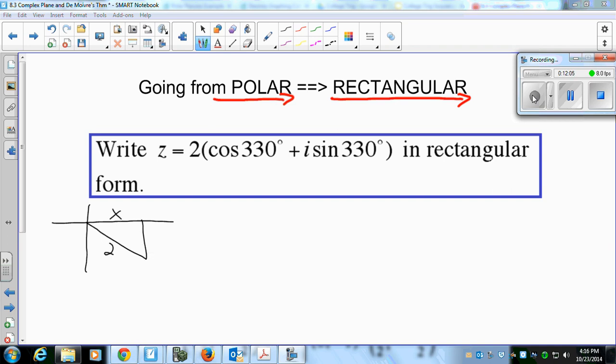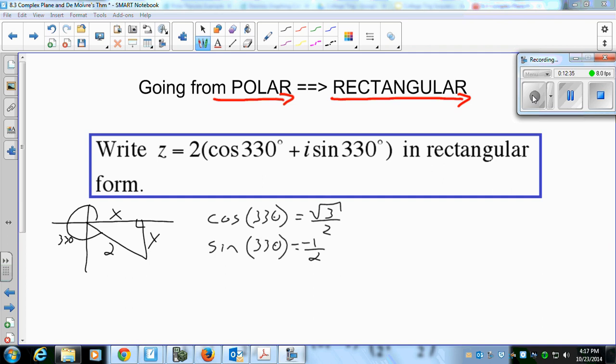What I'm trying to find is this x and y coordinate here. What's nice is I know that this around here is 330, and I know from my unit circle that the cosine of 330 is equal to square root of 3 over 2, and my sine of 330 degrees is equal to negative 1/2, because we're below the axis here.